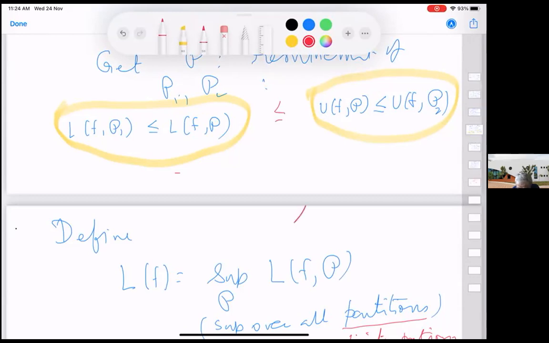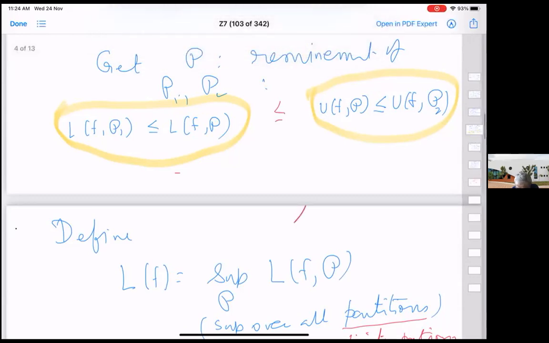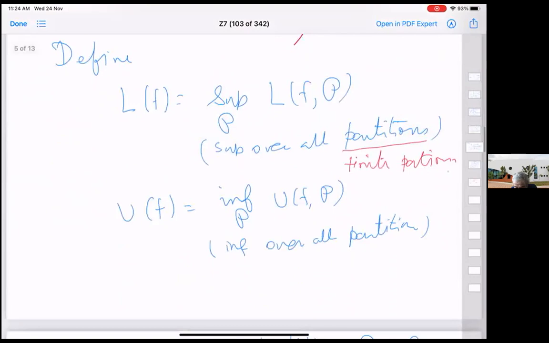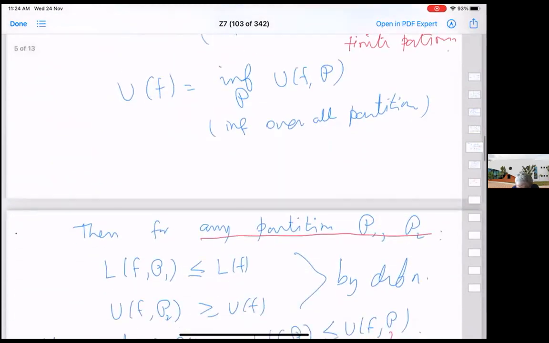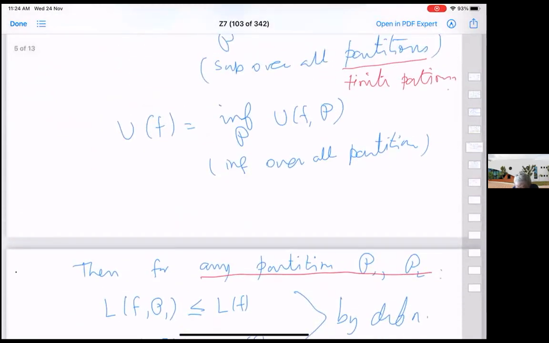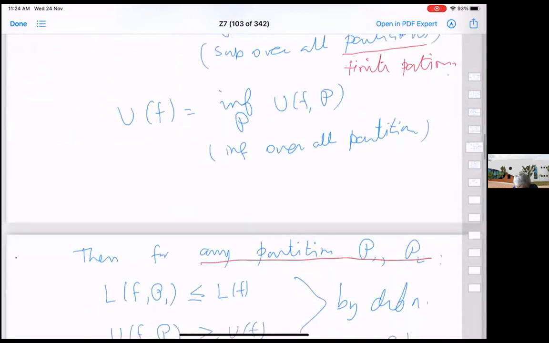Now if we define LF as the supremum over all partitions of LFP and UF as the infimum over all partitions of UFP, that is the LF and UF. Now our aim here is to show that LF is less than or equal to UF.